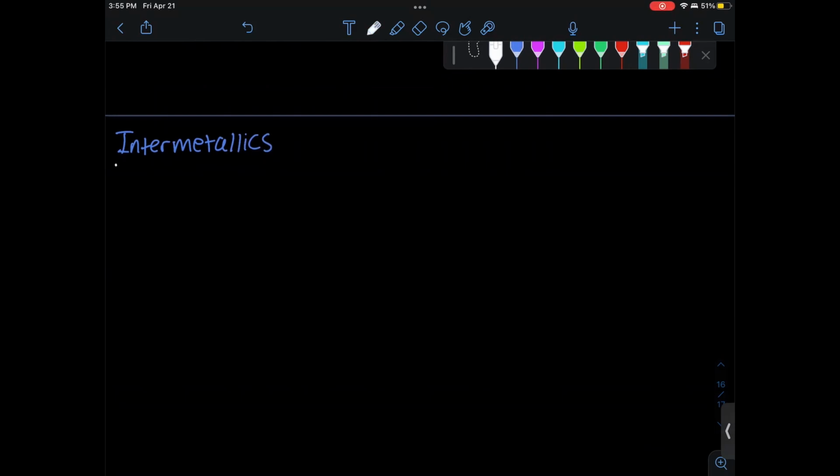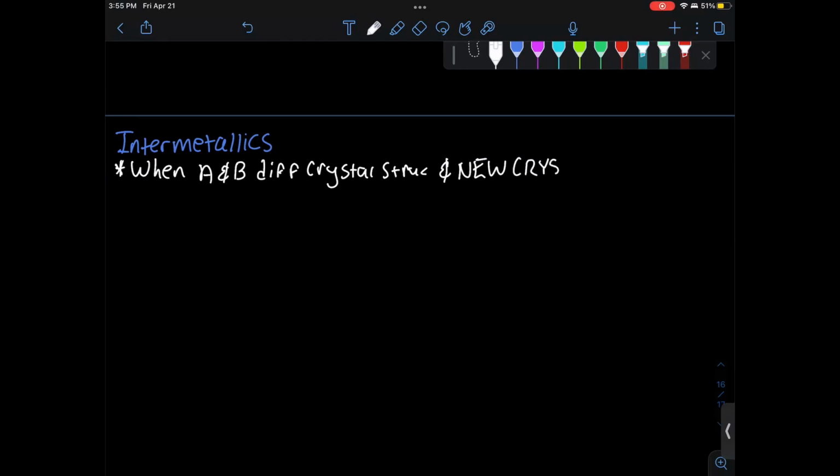Now, we get intermetallics when A and B have different crystal structures, and a new crystal that has a different structure from both forms.